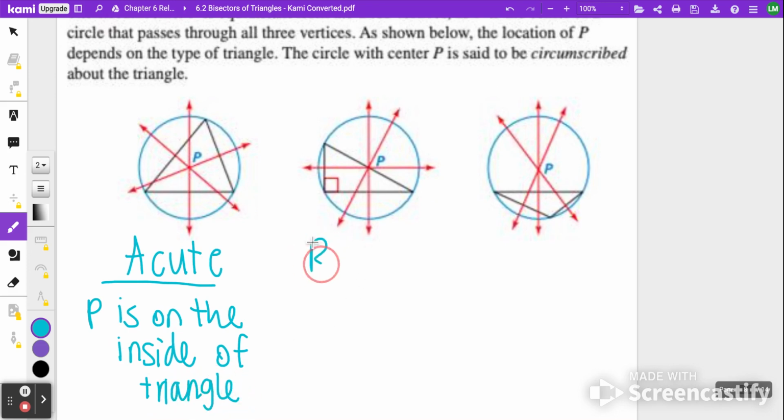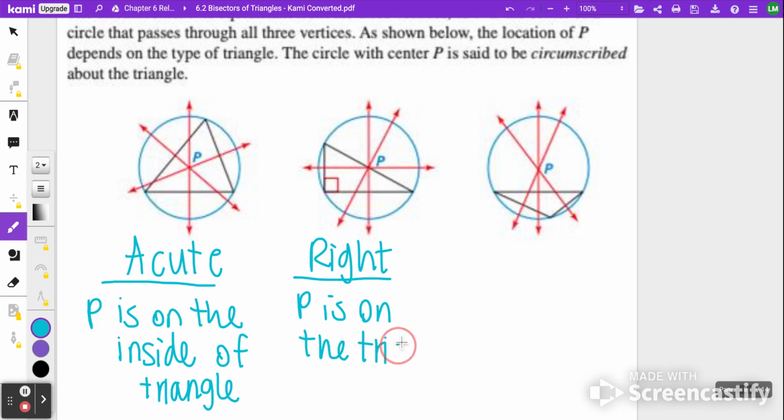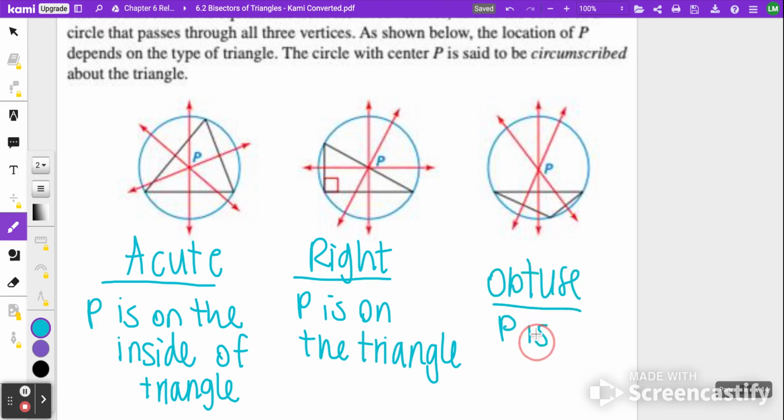This next one is a right triangle because P is on the triangle. And then the last one, you can probably guess it, this one is an obtuse triangle because P is outside the triangle. So these are the 3 ways you can tell what type of triangles those are based on where point P is.